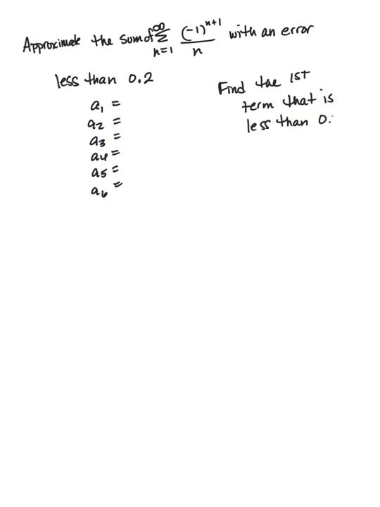You can work these out yourself. This is 1. This is negative 0.5. This is 1/3. This is negative 1/4. This is positive 0.2. And then this one comes out to be 1/6. So it ends up that 1/6 is the first term that is less than 0.2.